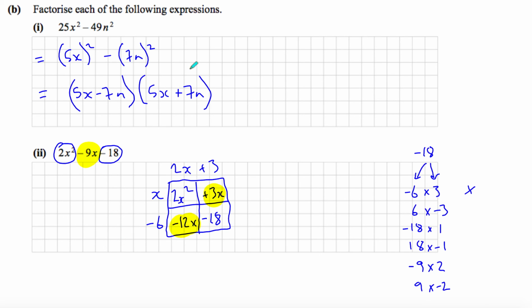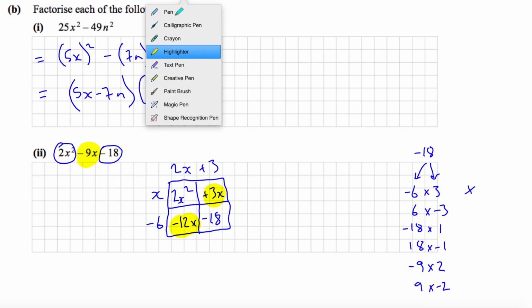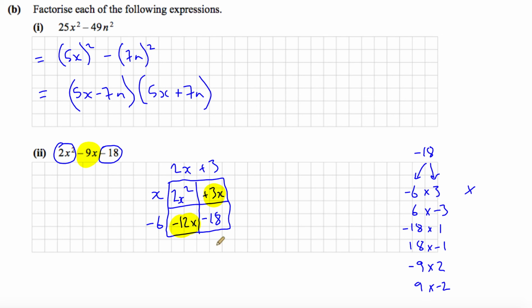So that's the factors. So the factors then are (2x plus 3)(x minus 6). And that's the end of question 11.